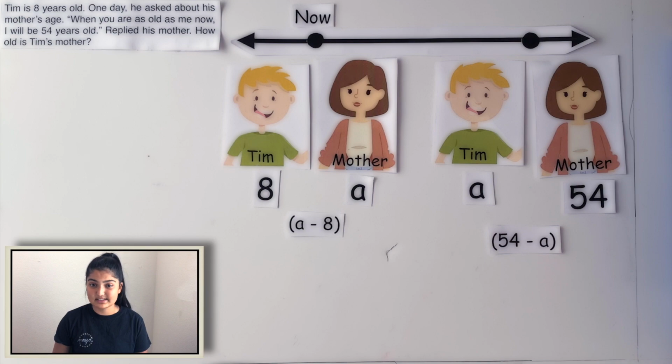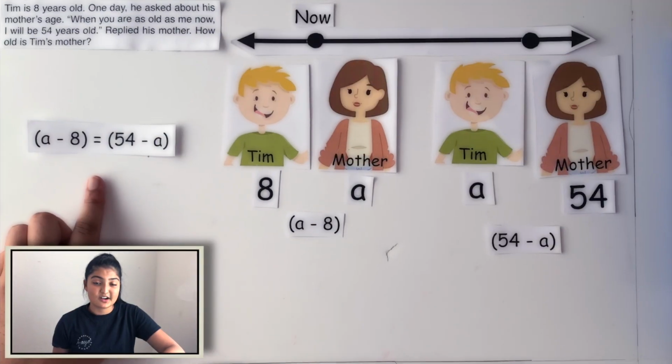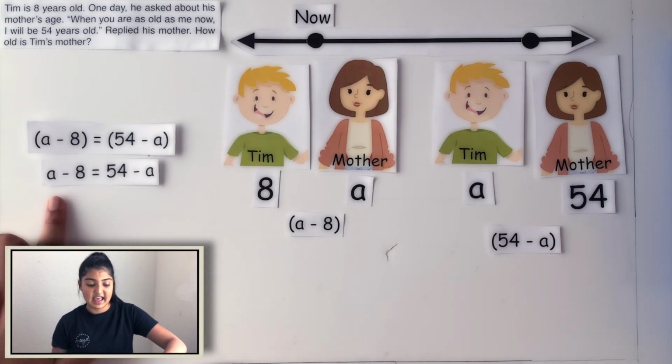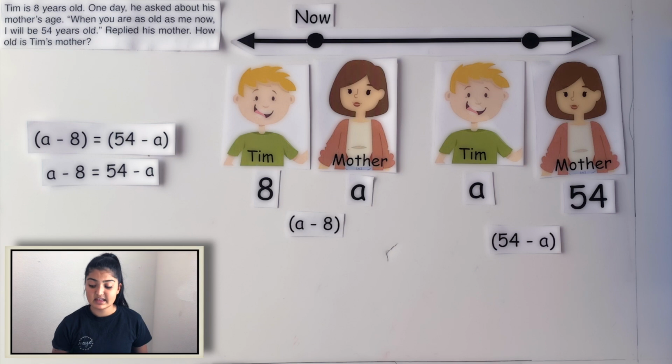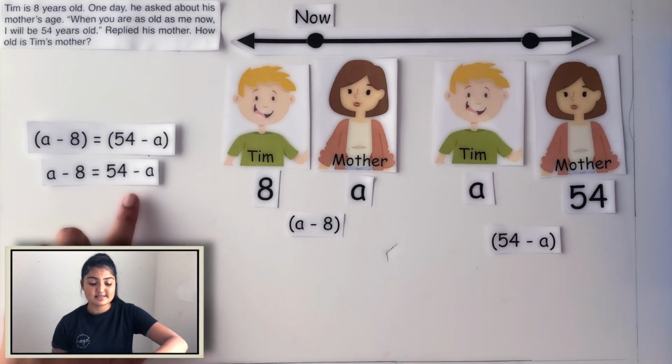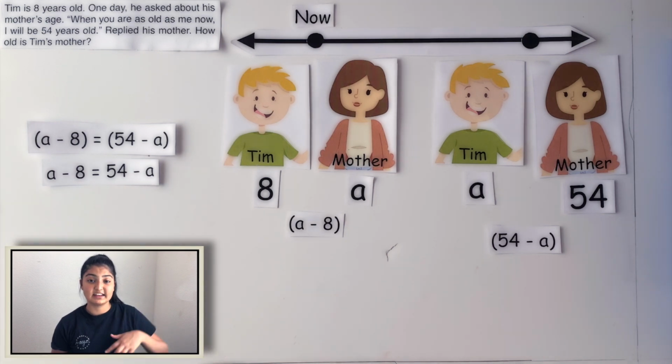So let's do that. Here is our setup equation. So now, let's solve it by taking out the parentheses. A minus 8 is equal to 54 minus A. Now, let's bring negative A to the left side of the equation.